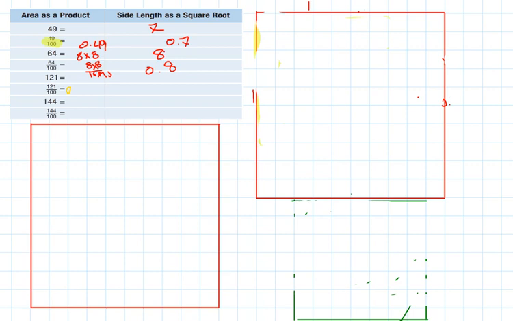So here we have 1.21. To represent this using algebra tiles, you are going to have to break it down into 1 full square and 21 squares on the other one.